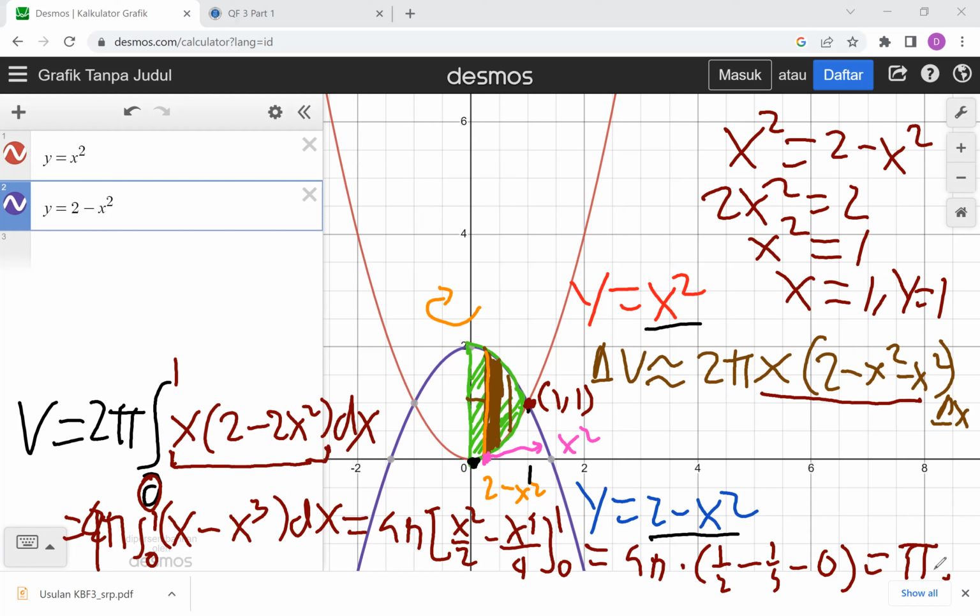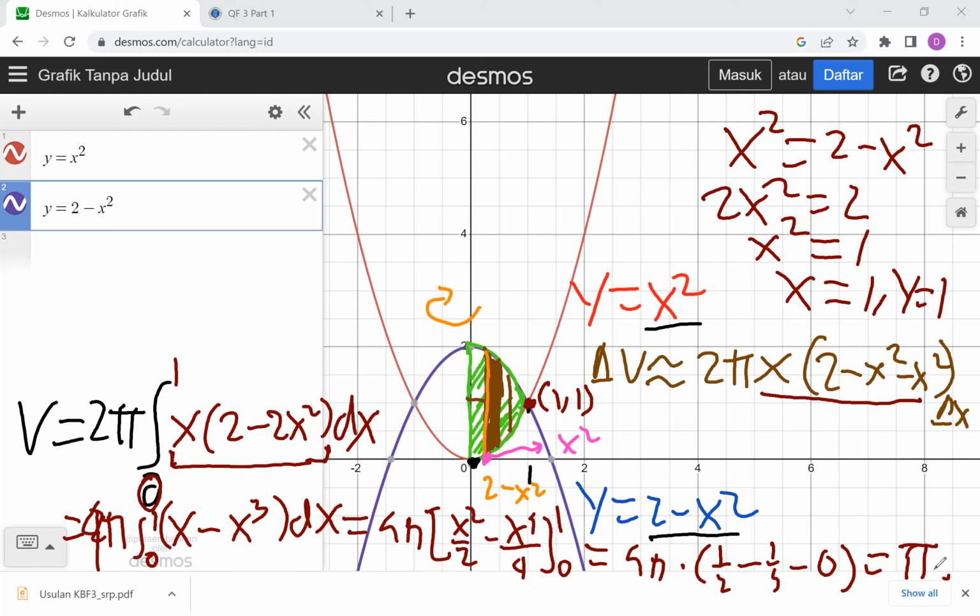Okay, any question or comment? Is it clear? Okay, so the first important step will be to sketch the graph, find the intersection point, and then slice the region, and then for each slice, approximate its volume, using either the method of shells, method of disks, or washers. You approximate delta V first.